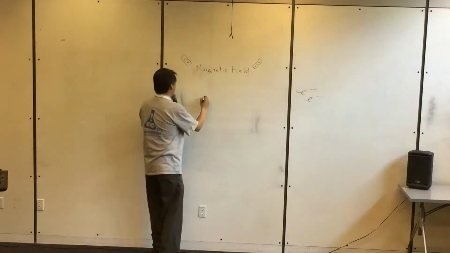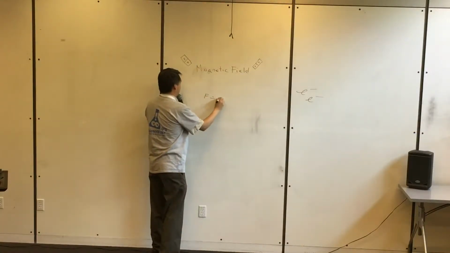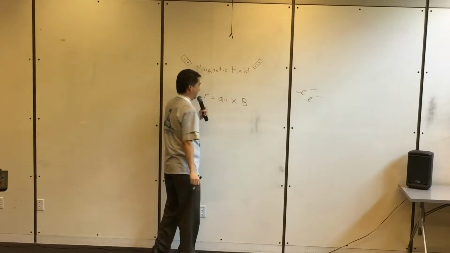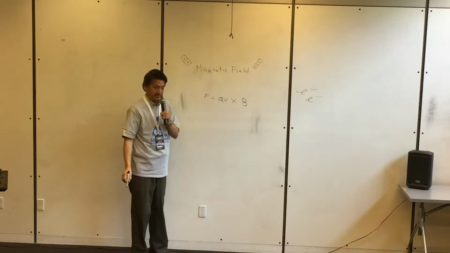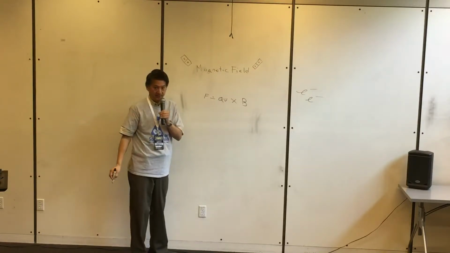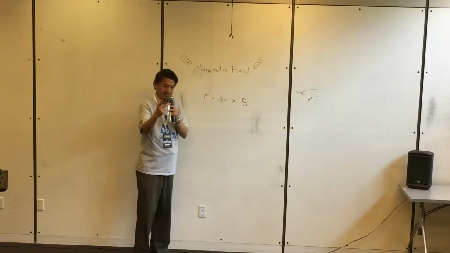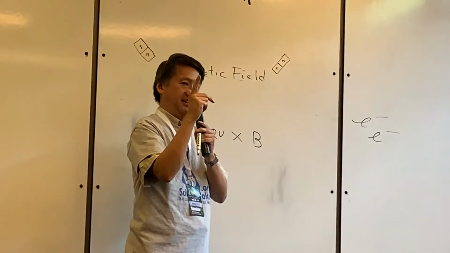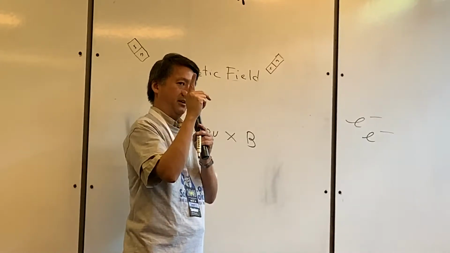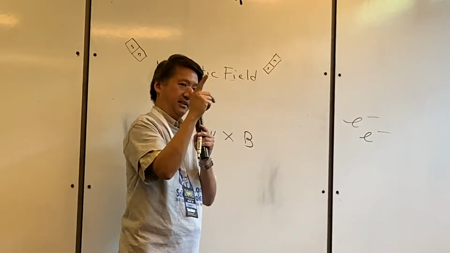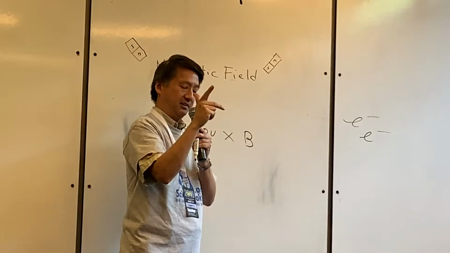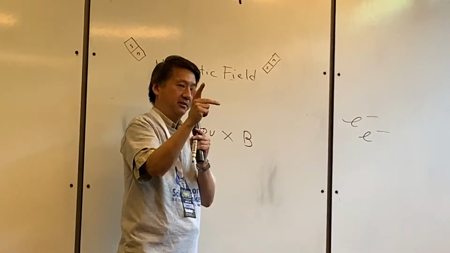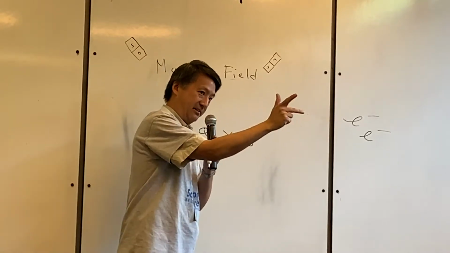Lorentz's force law says force equals Q V cross B. Now, I said that this cross B thing is really complicated because you have to take out your fingers and say that if the electron is moving where my first finger is pointing, and the magnetic field is where my thumb is pointing, then the resultant force on the particle will be where my middle finger is pointing, right?